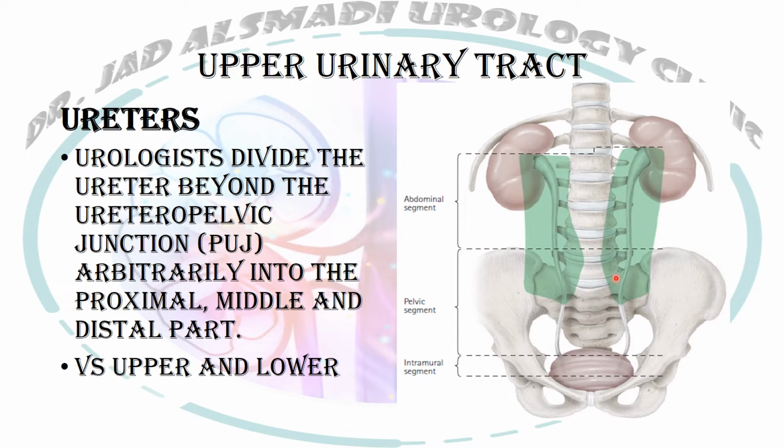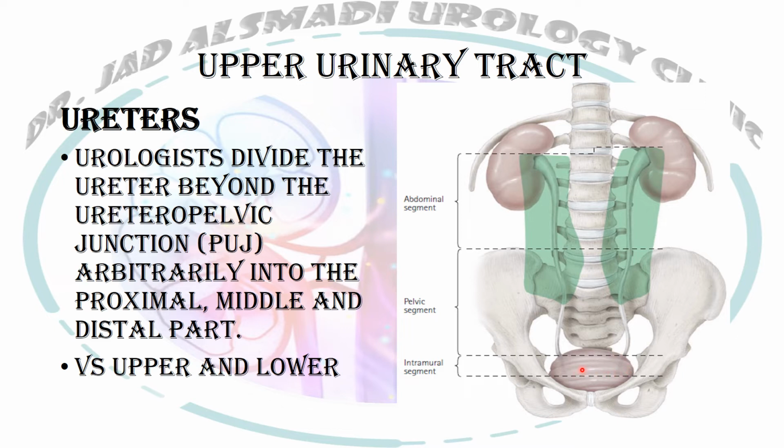The anatomical classification is into the abdominal segment, which is the segment lying inside the abdominal cavity, starting from the PUJ, the pelvic-ureteric junction, reaching the iliac crest inside the abdomen. Then the pelvic segment, which is the segment inside the false pelvis and the lesser pelvis, which is the true pelvis. And the third segment is the intramural segment.